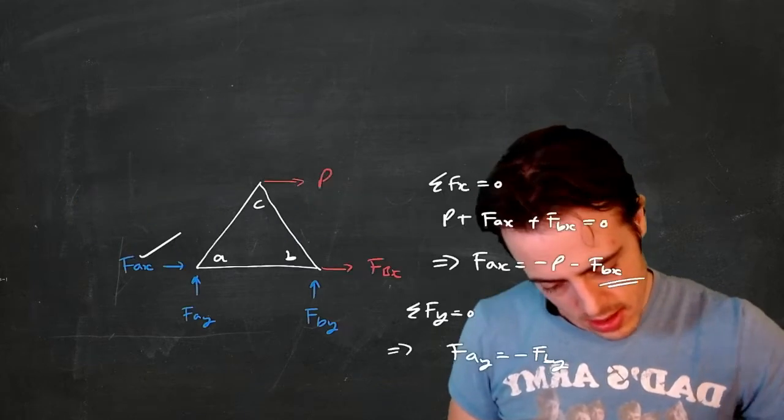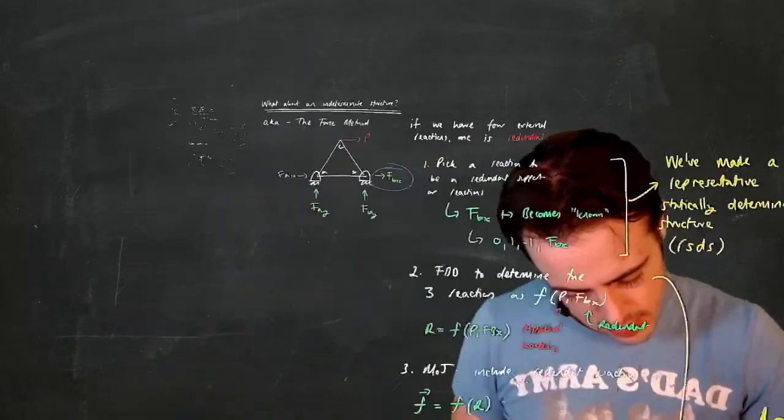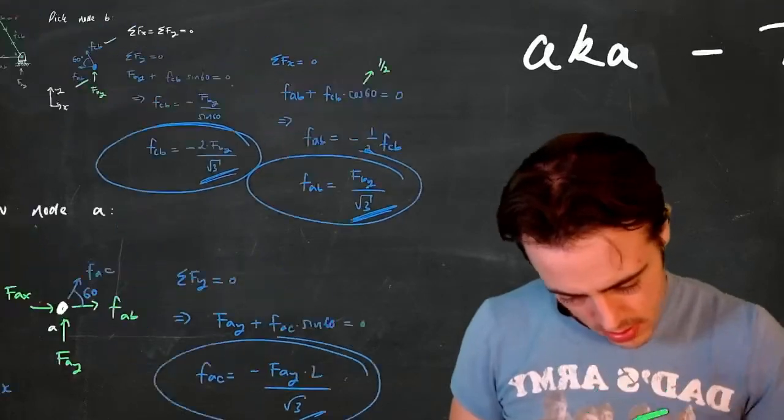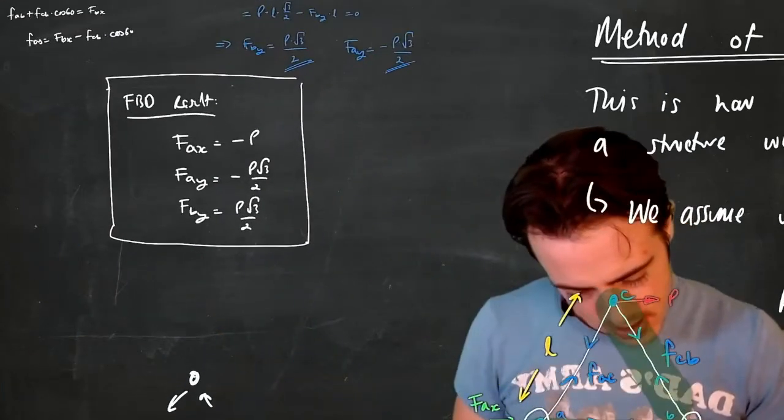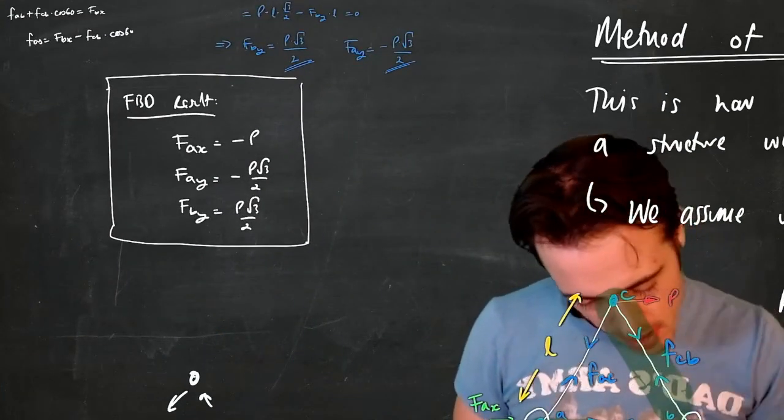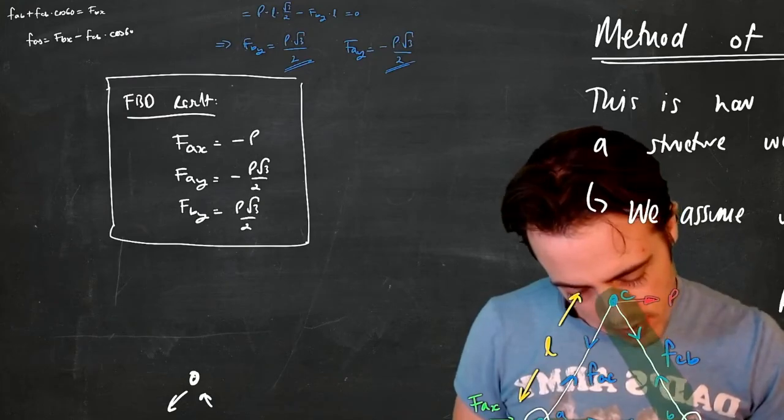We had, all the way up here, FAY was minus P root 3 on 2.